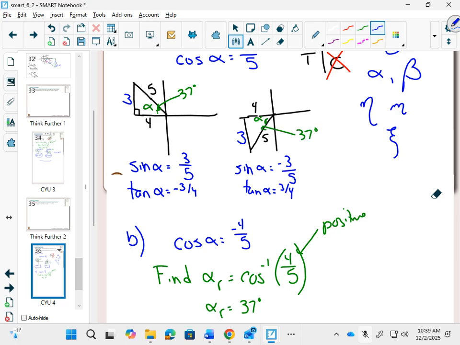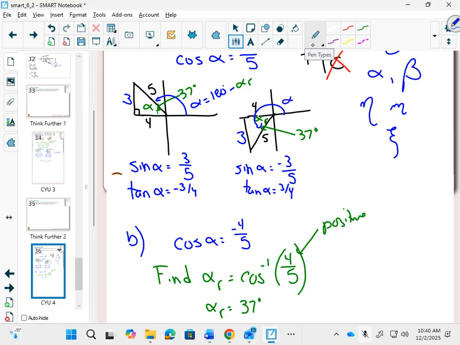And we want to find the actual angle alpha will be this one and this one. Can you see here that it will be, oops, alpha. See, we write theta too much. My angle alpha will equal 180 minus my reference angle.